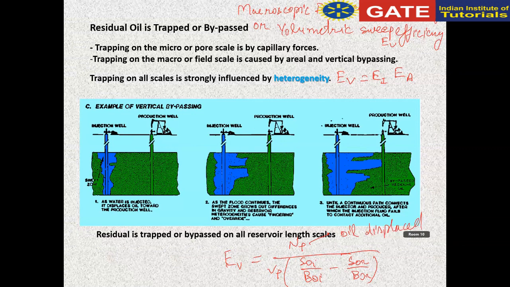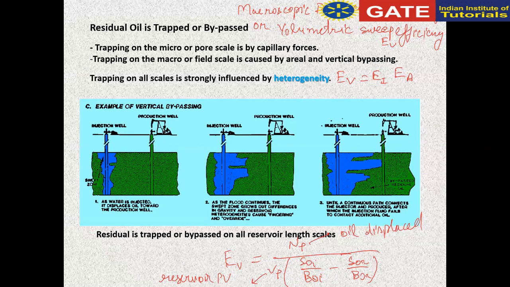VP is your reservoir pore volume. SOI is your initial saturation, BOI your initial formation volume factor. SOR is your residual oil saturation after your recovery, and BOR is your residual oil formation volume factor.